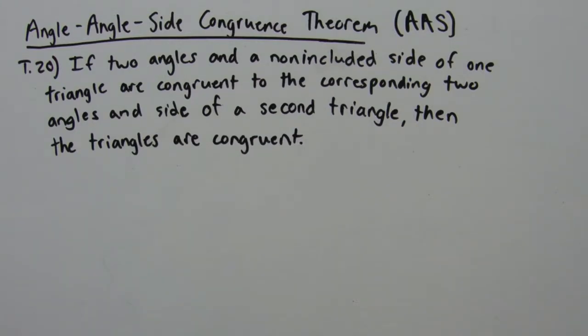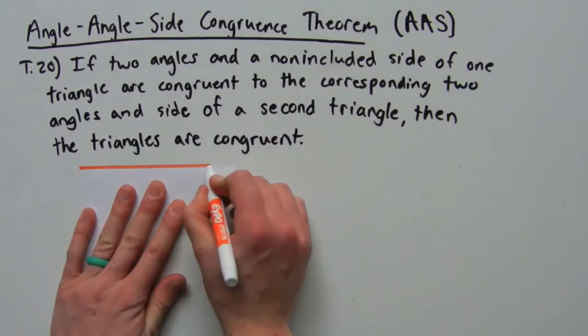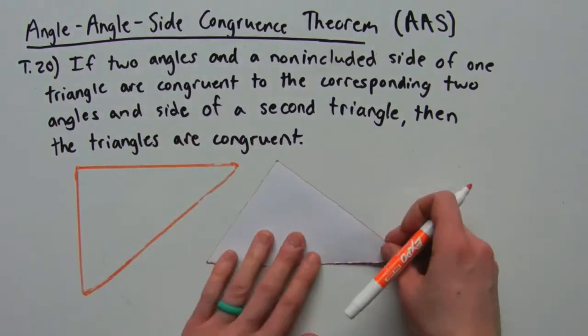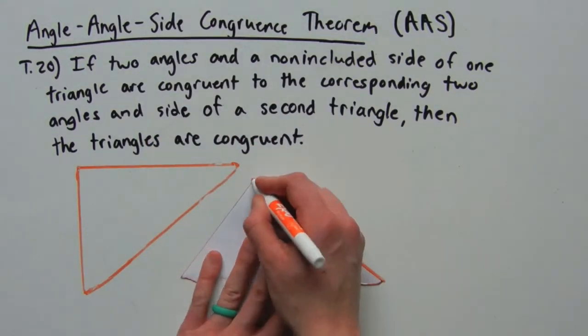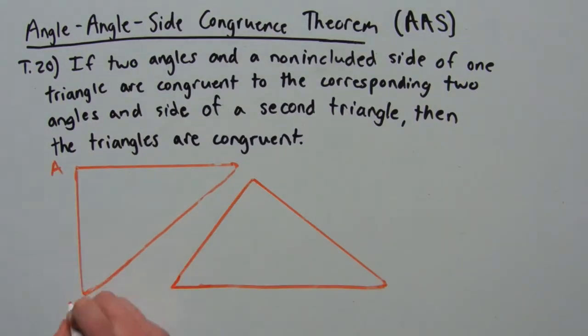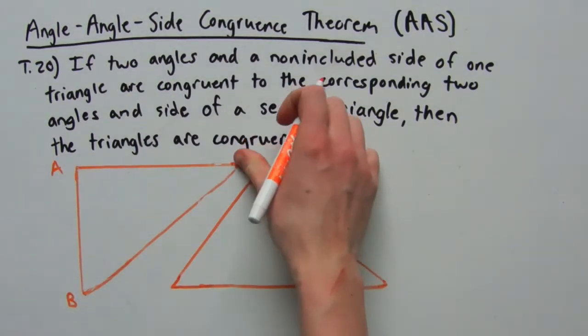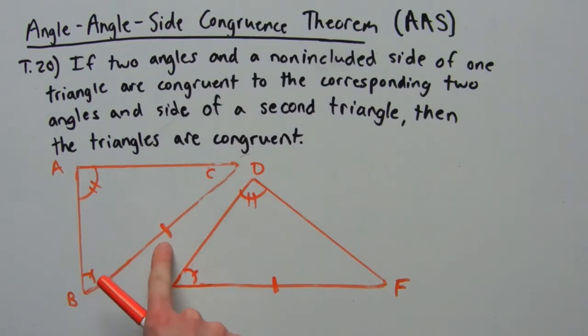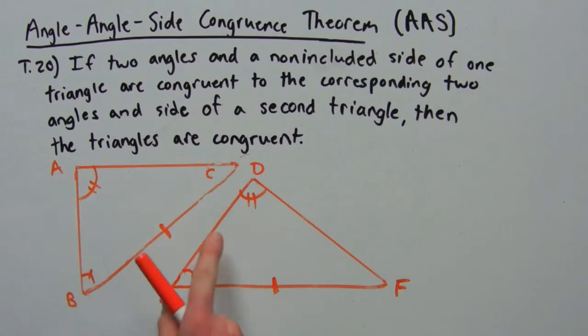Let's go ahead and look at a picture and then prove this theorem. So based on this theorem, we're going to start out with two angles that are congruent to two other angles and a non-included side, so a side not between those two angles, that is also congruent.